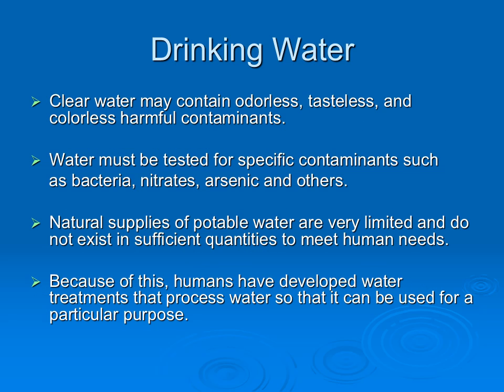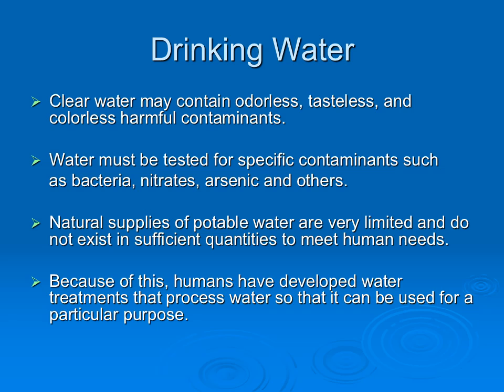Clear water does not necessarily mean clean water, and that's really important because clear water may have odorless, tasteless, and colorless contaminants that are really harmful. Water must be tested for specific contaminants such as bacteria, nitrates, arsenic, and other harmful contaminants.